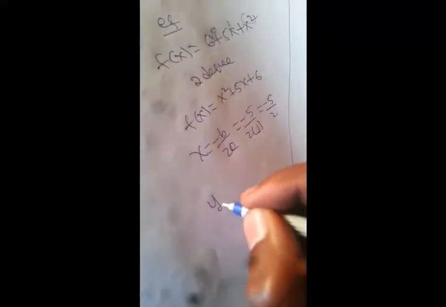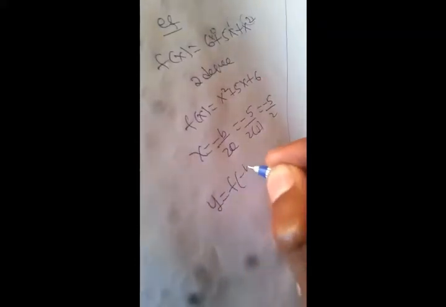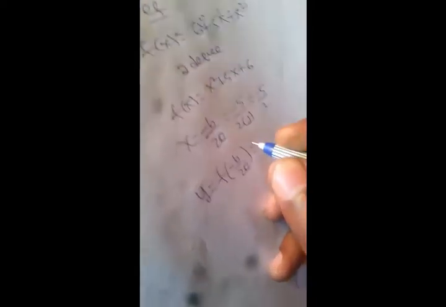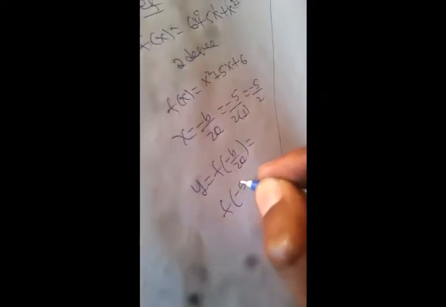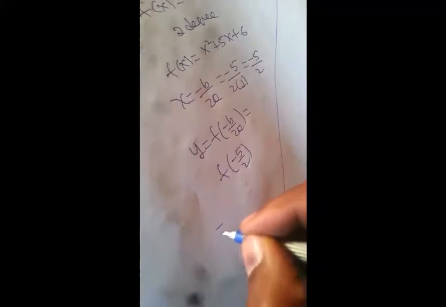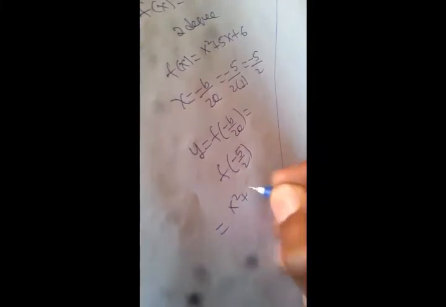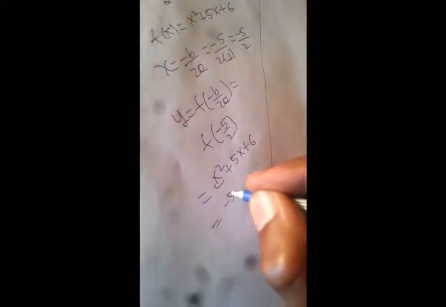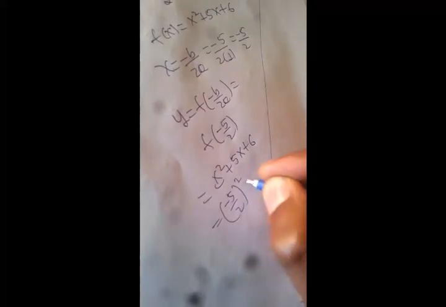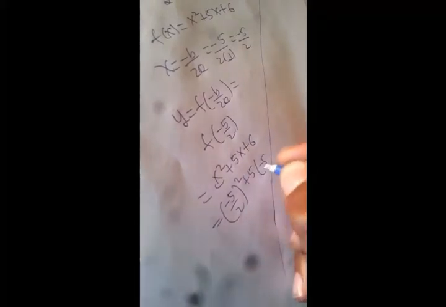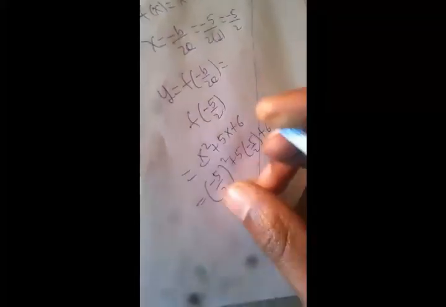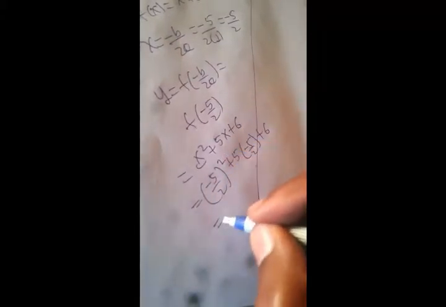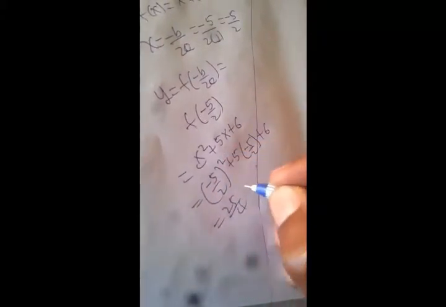And its y coordinate, y is equal to f of minus b over 2a, or f of minus 5 over 2. Our given equation is x squared plus 5x plus 6. So in place of x, we insert minus 5 over 2: minus 5 over 2 the whole square plus 5 times minus 5 over 2 plus 6. Therefore, minus 5 over 2 the whole square is 25 over 4, minus 25 over 2, plus 6.